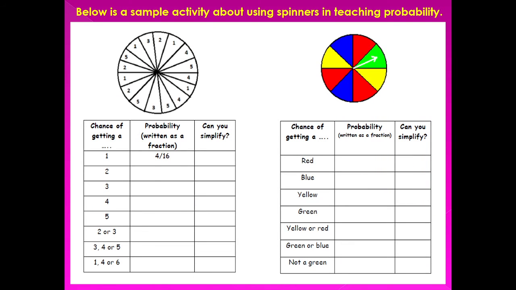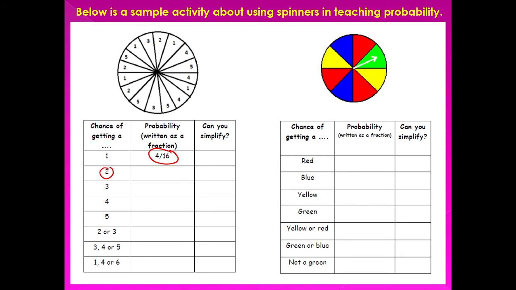Now, here's a sample activity that I used in teaching probability. I will give them the concept of probability first. What is the probability or chance of getting a 1? Sir, why is it 4 over 16? Who can tell me why it is 4 over 16?